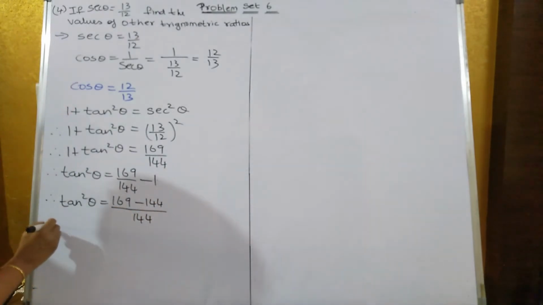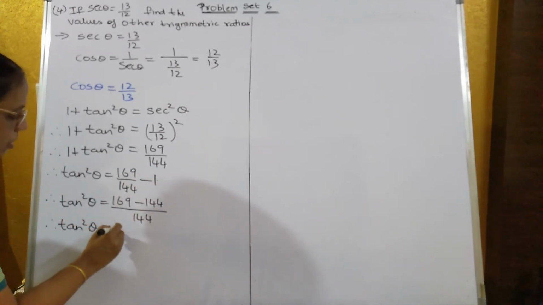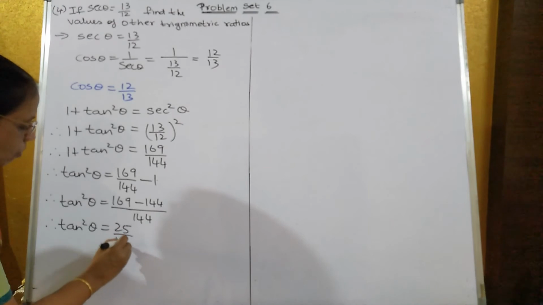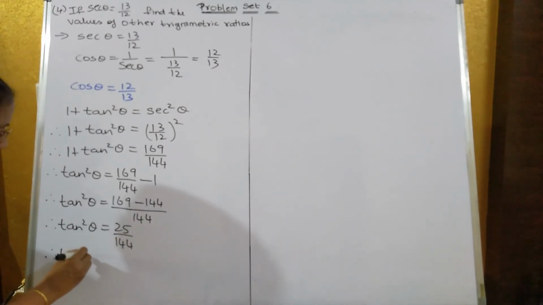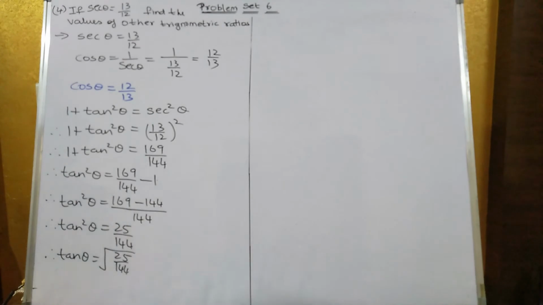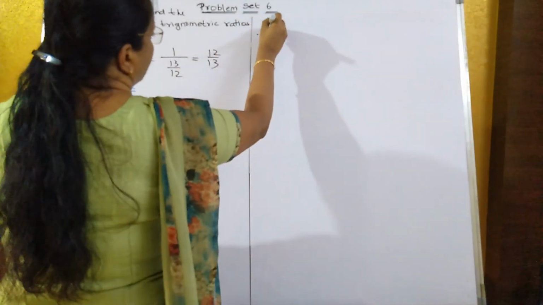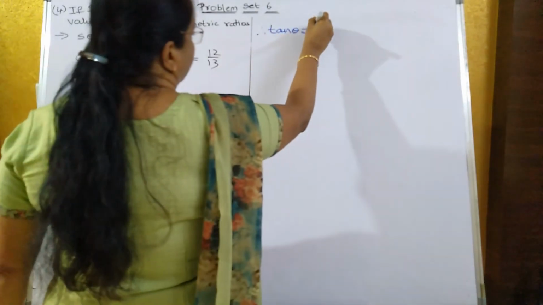So therefore tan square theta is equal to, when you subtract this, 25 upon 144. Therefore tan theta will be equal to root of 25 upon 144. What is the root of 25? 5. And what is the root of 144? 12. Therefore tan theta is equal to 5 upon 12.